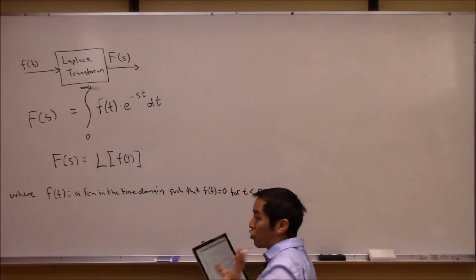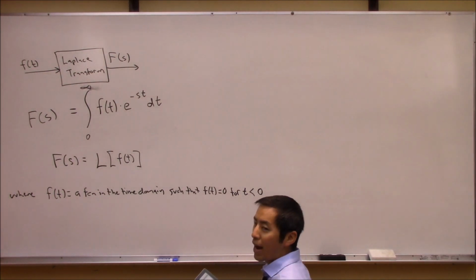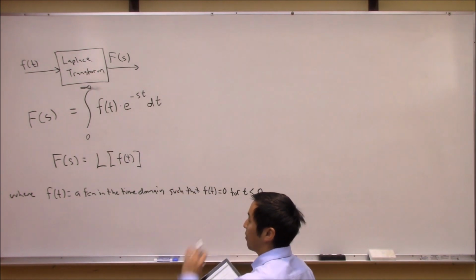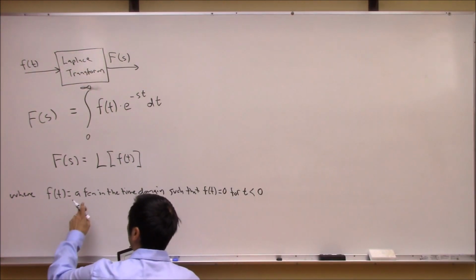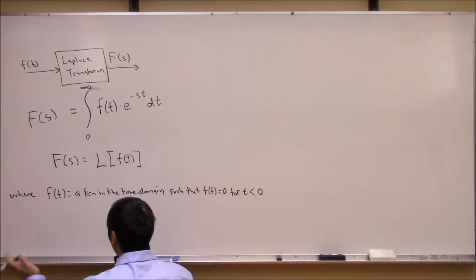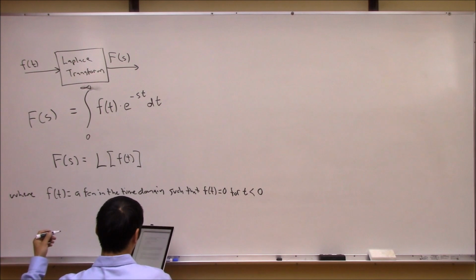Okay, so it doesn't turn on, quote unquote, so to speak, until time equals 0, which is, I think, a mathematical bookkeeping that really doesn't matter a ton here, but just be important. Just remember, f of t, it's basically some function in the time domain. Cosine t, e to the t, tangent t, whatever you'd like.